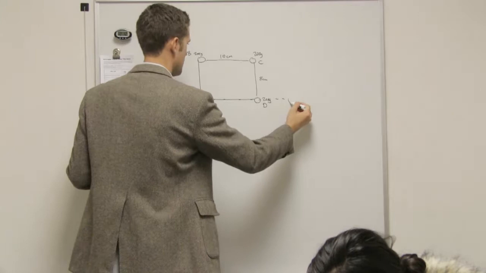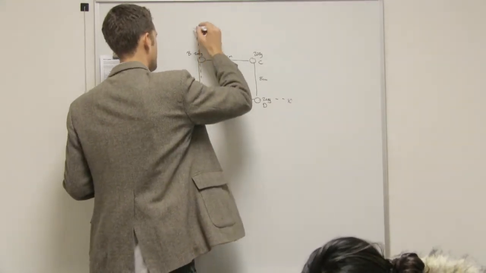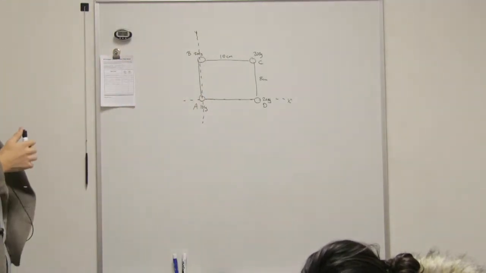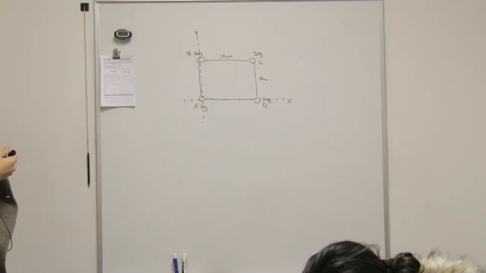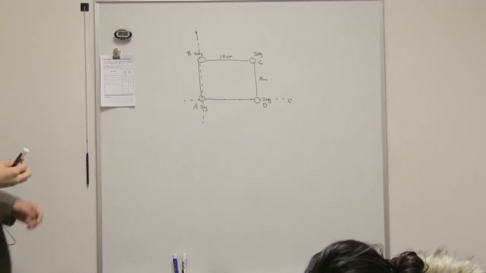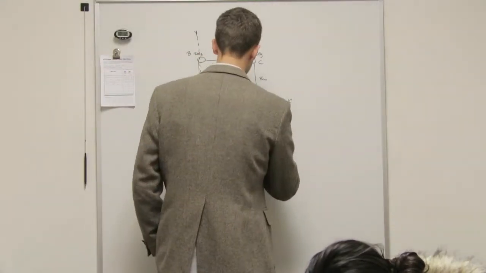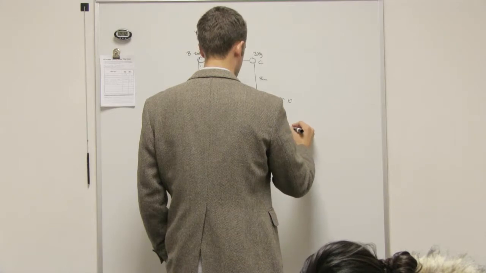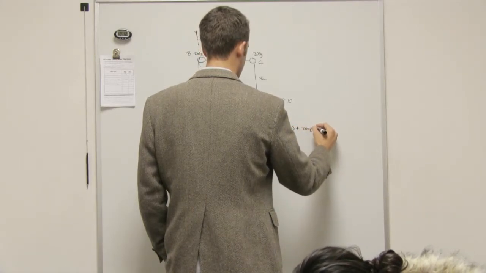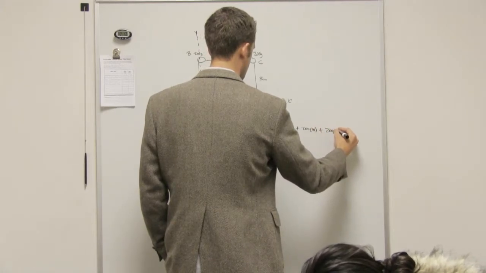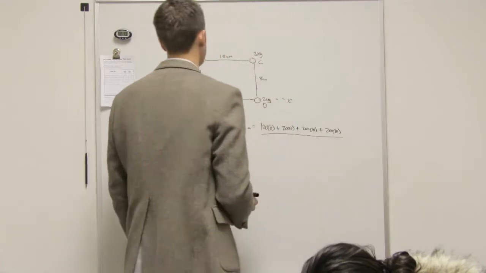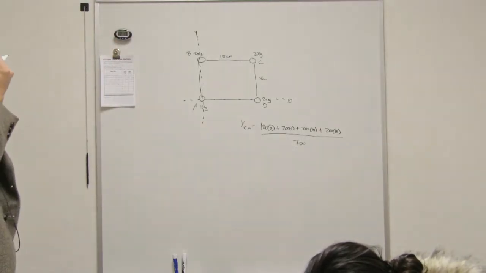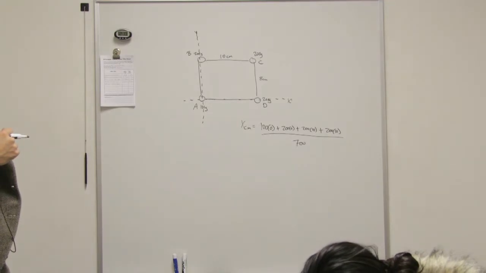If I were to set this up, for the x, I would do 100 grams times 0 plus 200 grams times 0, plus 200 grams times 10 centimeters, plus 200 grams times 10 centimeters, all divided by 700.